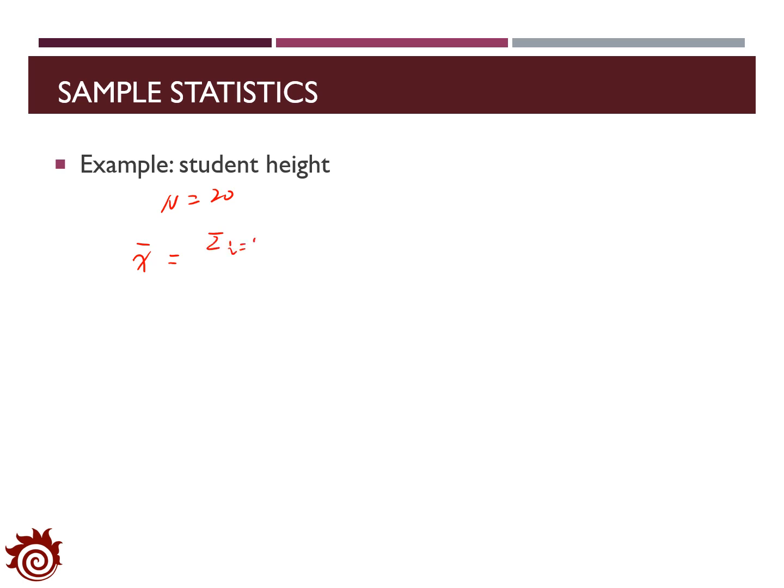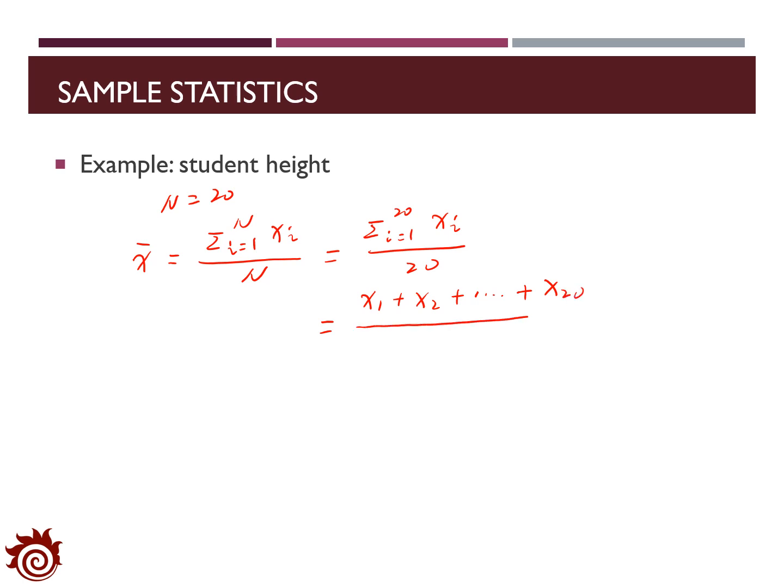That will be the summation of i from 1 to n xi over n. We know n is 20, so summation of i from 1 to 20 xi over 20, which will give you the value as x1 plus x2 plus up to x20, over 20.